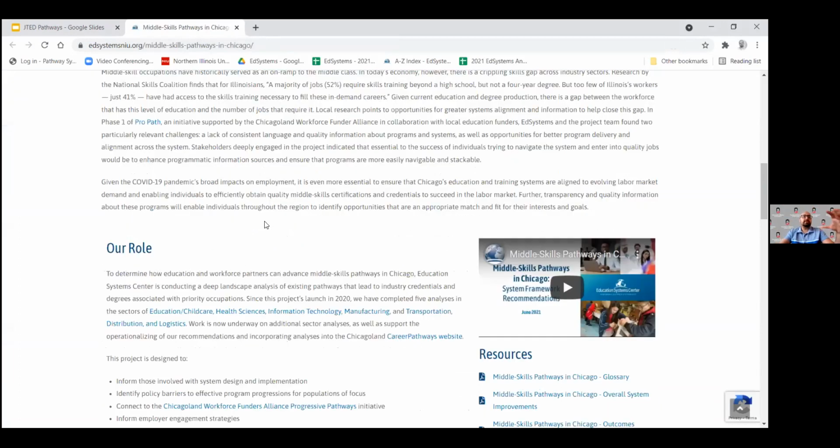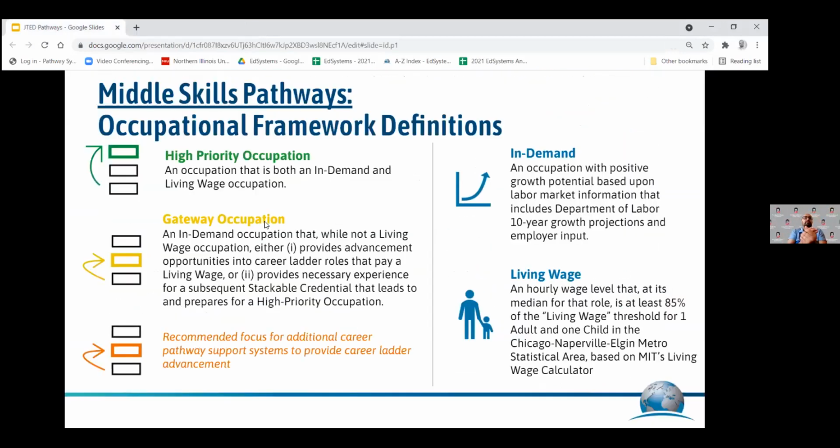But essentially in this space, we created this notion of a green light occupation, right? A high priority occupation, in demand and living wage. We talked about a gateway occupation, maybe a job that is not immediately high enough wage based on the living wage calculator, but was an important entry into an industry sector that we thought was very worthwhile for someone to still enter that profession.